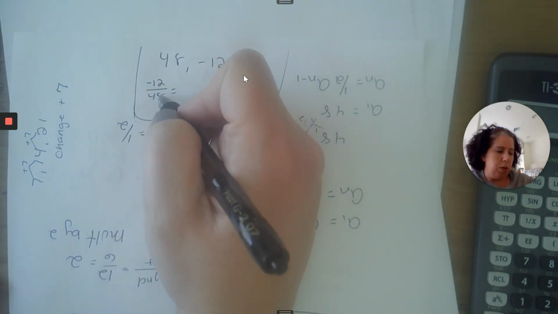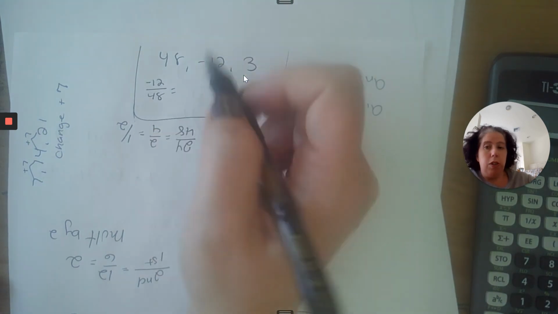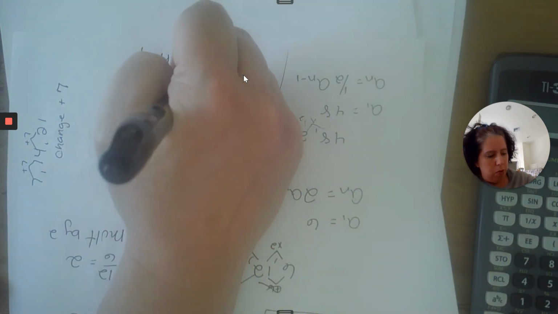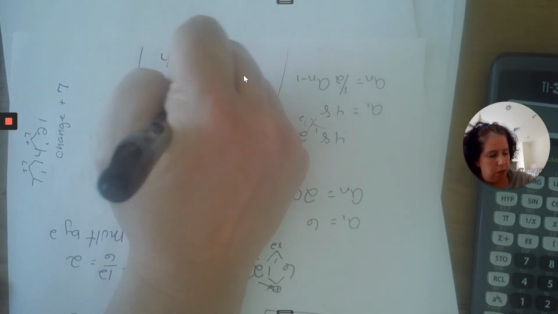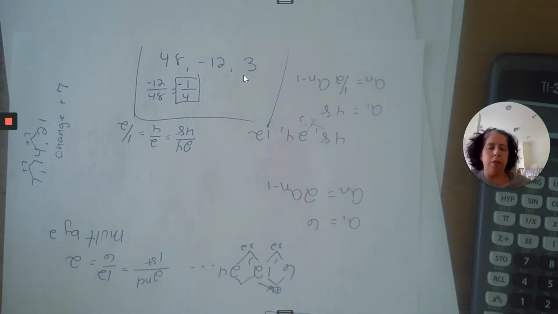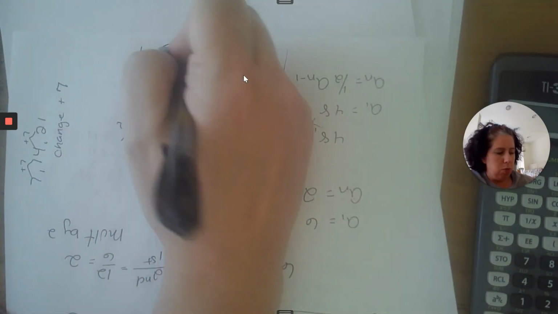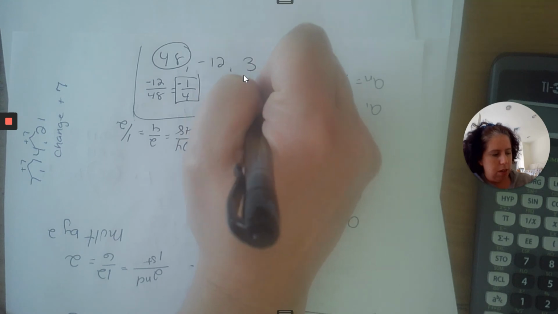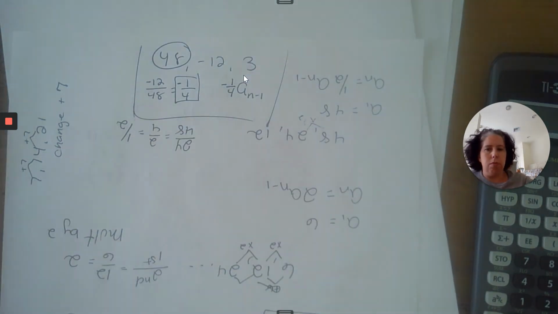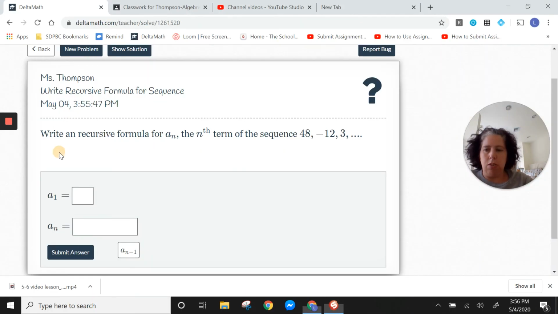What goes in 12 that also goes in 48? 12 does. 12 was in 12 one time, and 12 was in 48 4 times, but be careful, there's a negative. So it's negative 1/4. Then you're going to do negative 1/4 times the previous term. That's it.